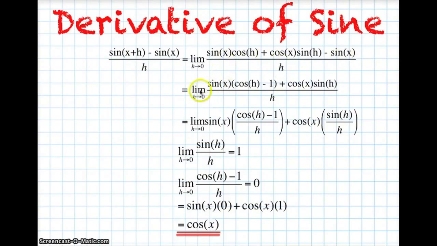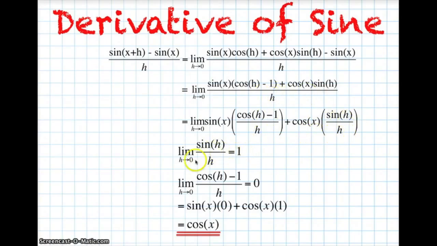And then we can reduce that to sine x cos h minus 1 plus cos x sine h all over h. And then limit as h approaches 0, sine x cos h minus 1 over h plus cos x sine h over h. So I just divided this into two parts.